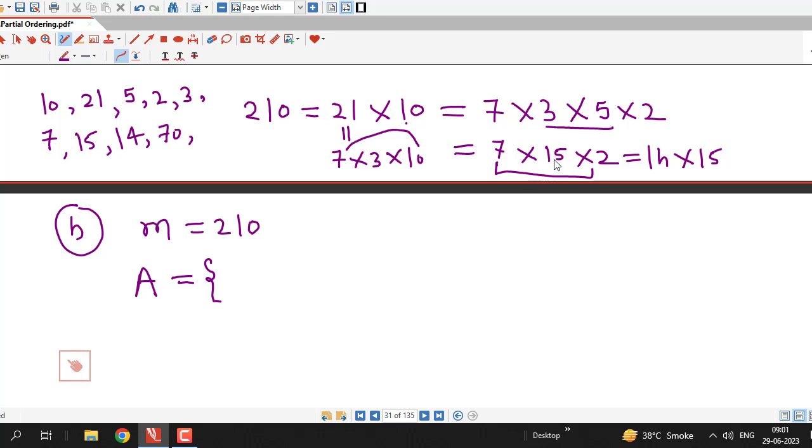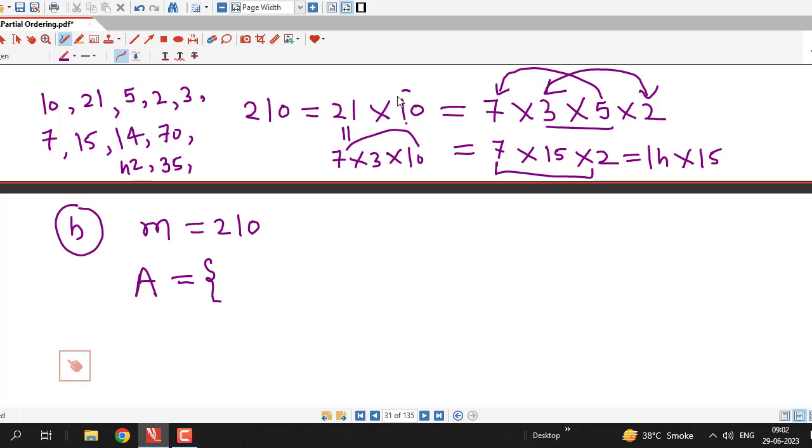Similarly, I can combine these two, so I will obtain 6 into 7, that is 42. And whatever is remaining, that I have to write down. So if we consider 14 is there, 15, 21, and suppose I combine these two, 5 and 7, then I will obtain 35. And 42 is also there, 70.